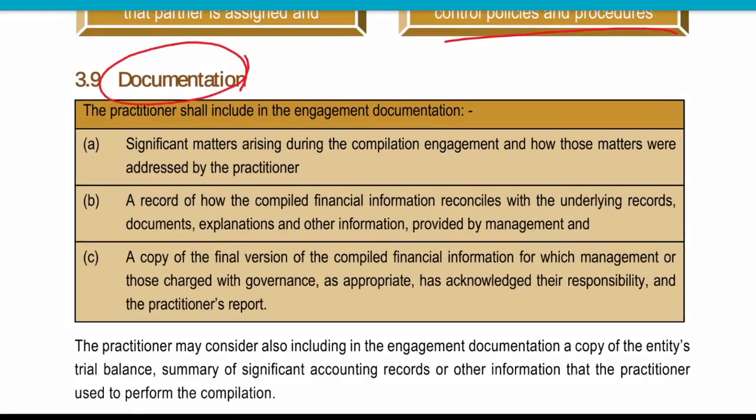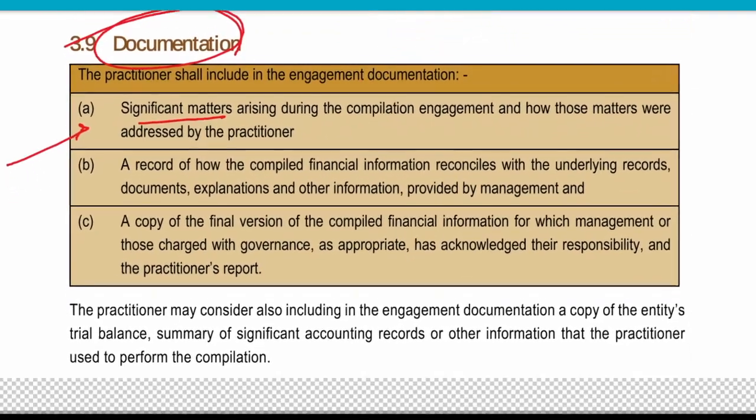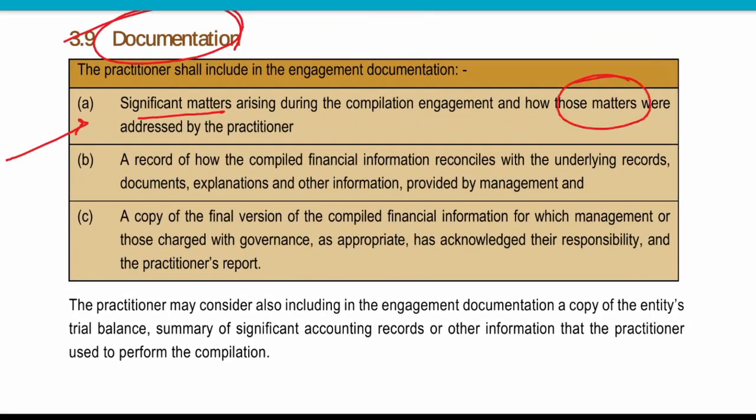After that, you need to do the documentation of certain things: the significant matters that arise during the compilation, and how those matters are addressed by the practitioner. Record how the compiled financial information reconciles with the underlying records, that whatever financial information we have prepared is reconciled with the underlying records, documents, etc.